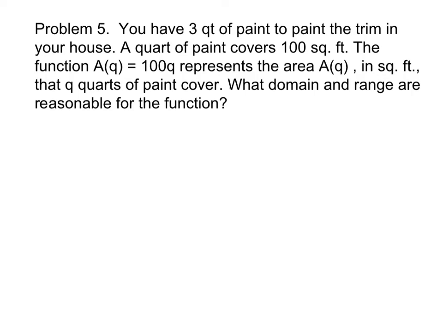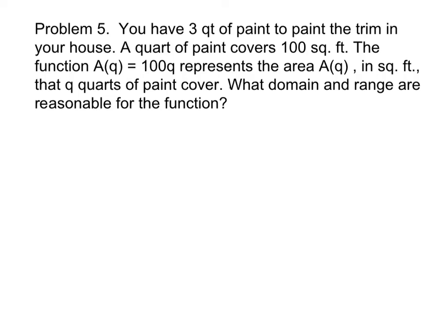What domain and range are reasonable for the function? Now remember, your X is what you plug in, your Y is what comes out. In this problem we're using A and Q. Your Q is the quarts of paint that you use. The A of Q is the area that is covered. So Q is what you plug in, A of Q is what comes out.